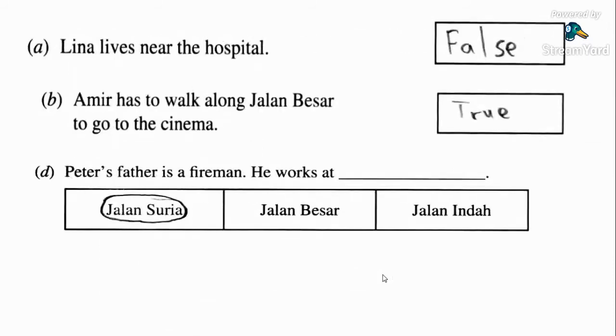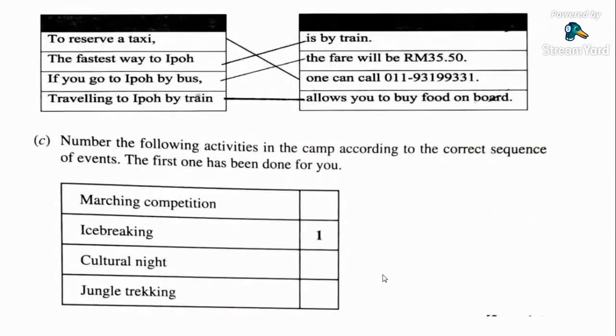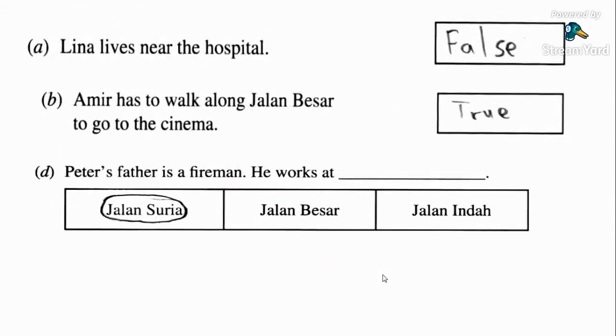So you just have to pick right, false or true, circle, match, number. All of this normally amounts to 8 marks in the paper. These are there to help the weaker students, kids who cannot really understand.